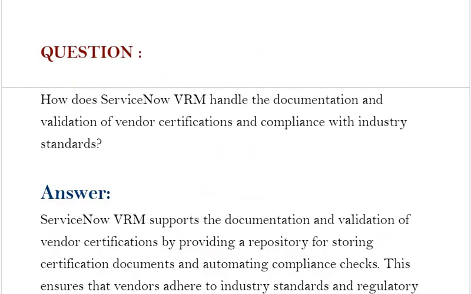Our interview question based on vendor risk management is: how does ServiceNow VRM handle the documentation and validation of vendor certifications and compliance with industry standards?